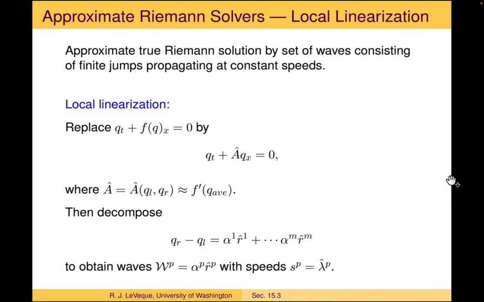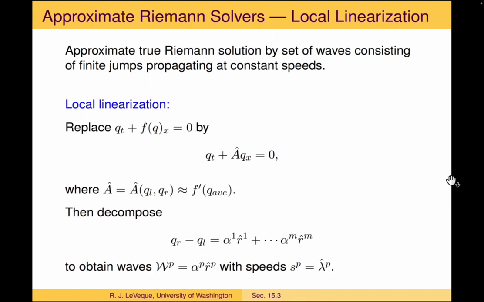So as the left and right states approach some common value, whatever formula we use for A hat should approach just the F prime at that common value. And so the idea is if we can define a matrix A hat that has that property and also has real eigenvalues and linearly independent eigenvectors, so that the linear problem we've defined here is hyperbolic.